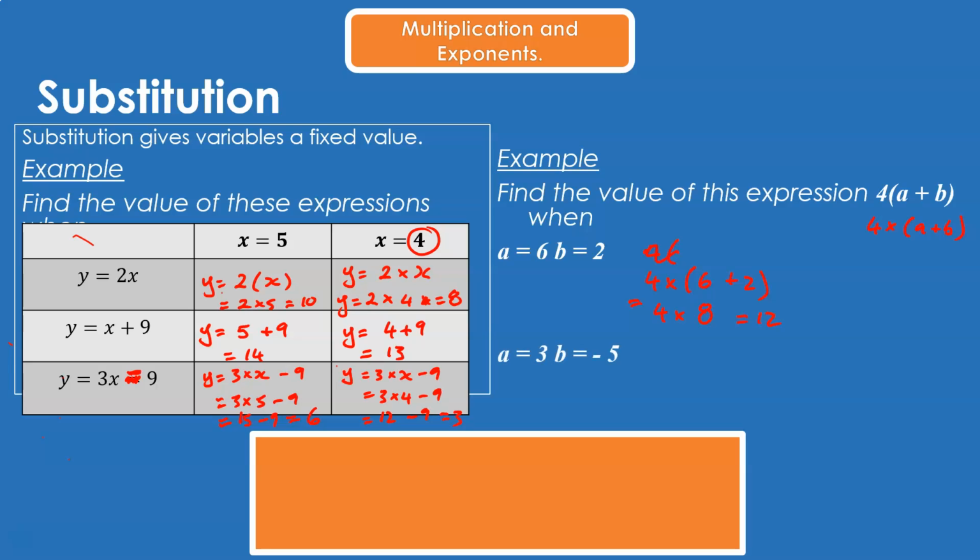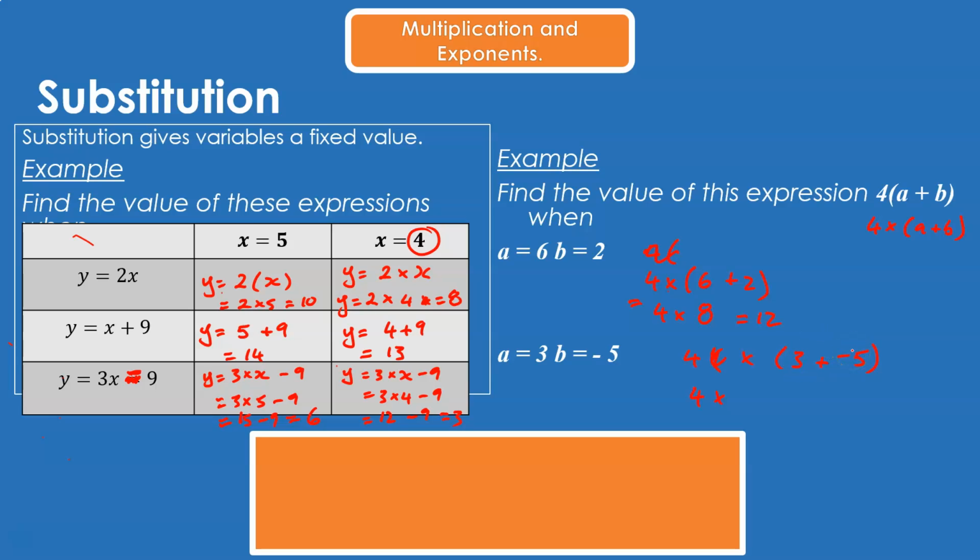Okay, slightly more difficult one here, where we've got a negative. So let's write it out. It's going to be equal to 4, let's put the times again, bracket 3 plus minus 5. And again, it's the reason why we did the integers at the start of the year. We need to be comfortable with 4 times 3 plus minus 5.